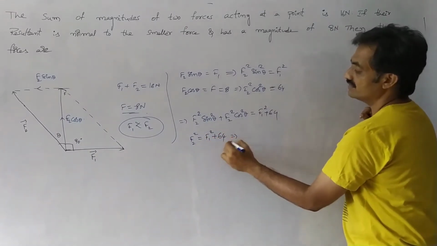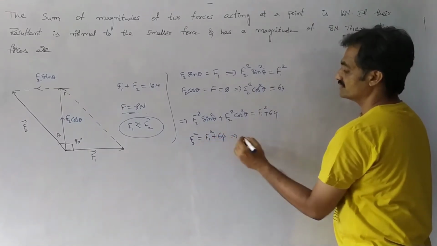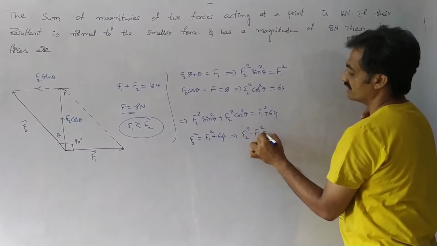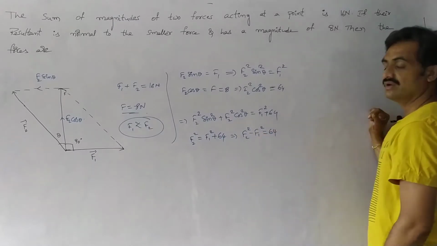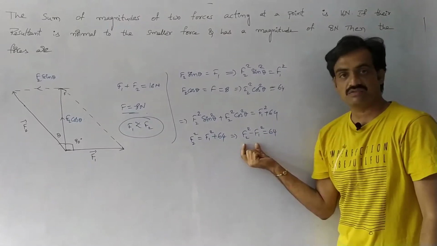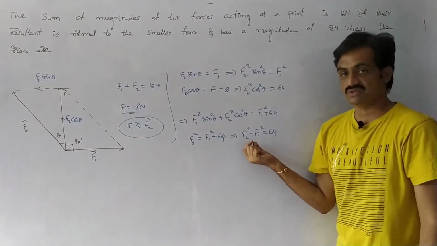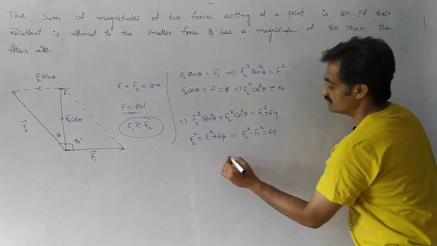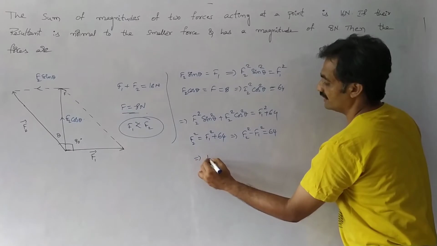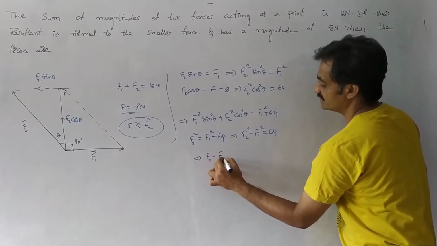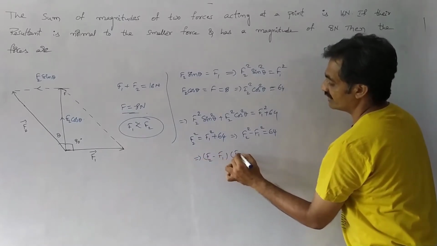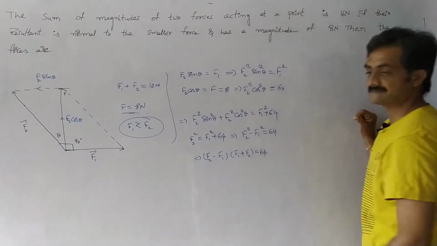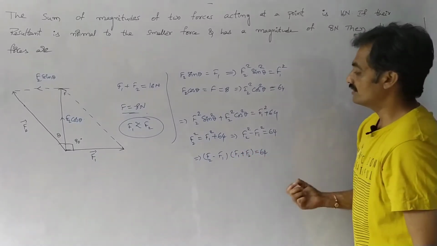Taking F1 square to this side, we have F2 square minus F1 square equals 64. This equation is in the form of a square minus b square, so we can split it as a minus b into a plus b. So we have F2 minus F1 into F1 plus F2 equals 64.